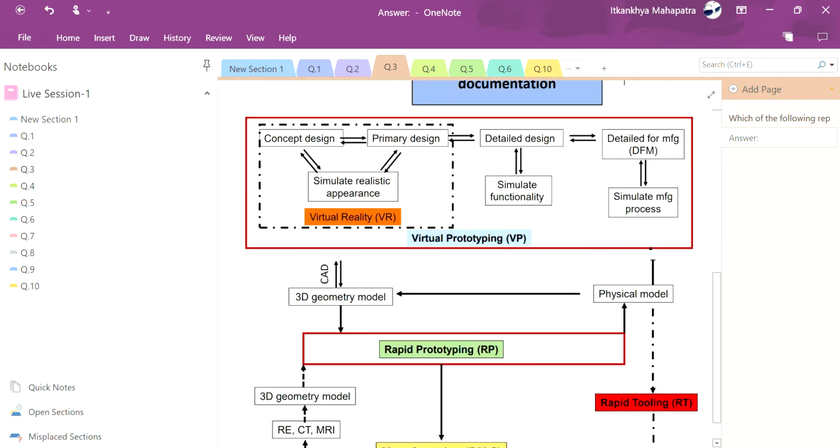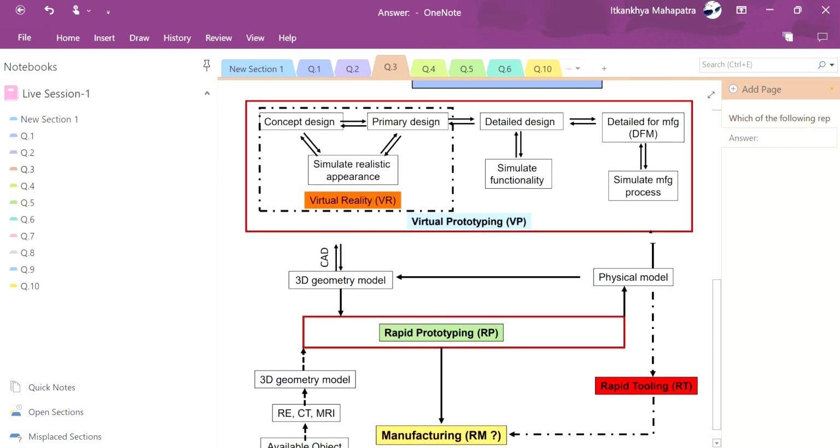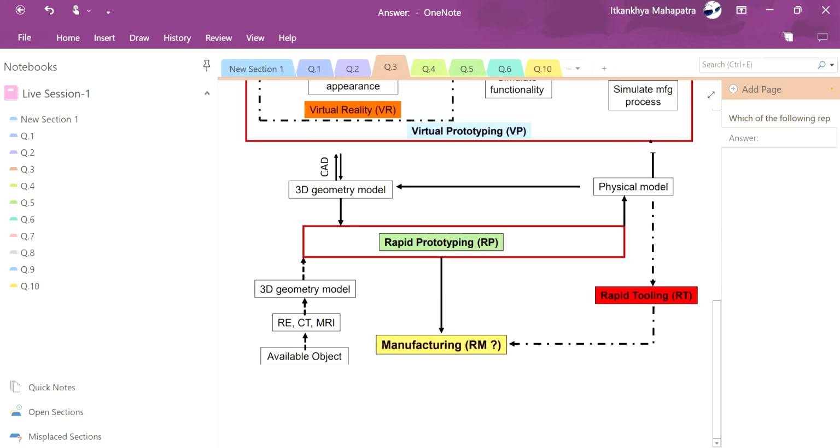I just want to explain a small thing here. This is the flow chart for virtual prototyping and rapid prototyping. What is the difference?